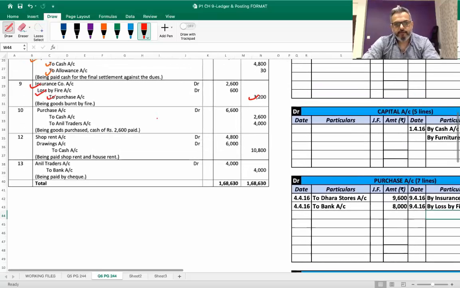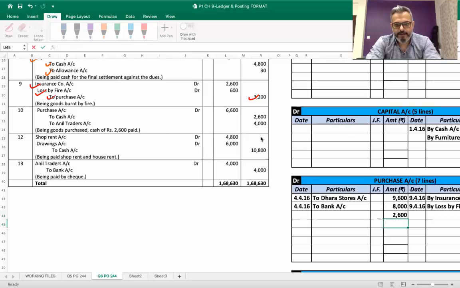Let's go to 10th one. It's a typical one, so be careful. Purchase account debit 6,600. So don't directly write 6,600 over here. First see, to cash is 2,600 and to Anil Traders is 4,000. So first we write 2,600 on the debit side and then 4,000.